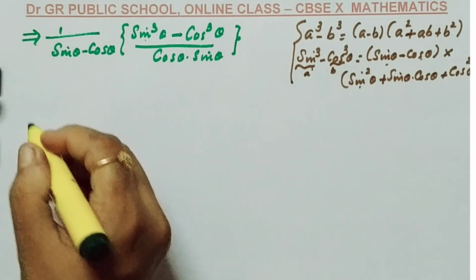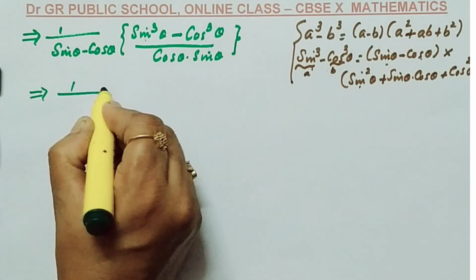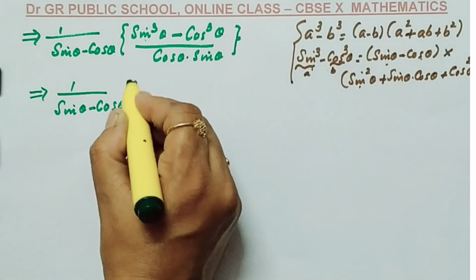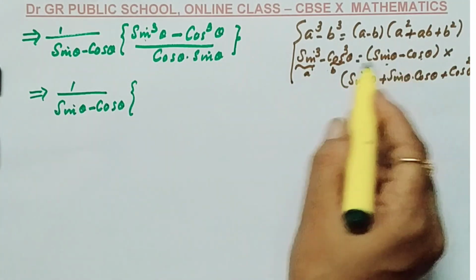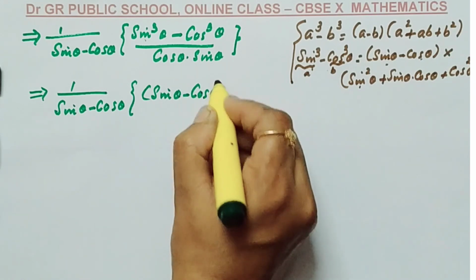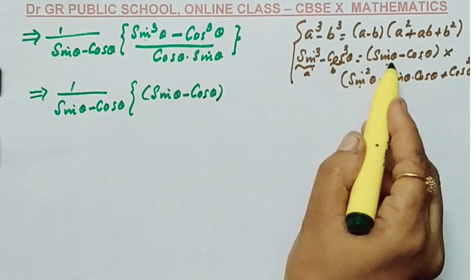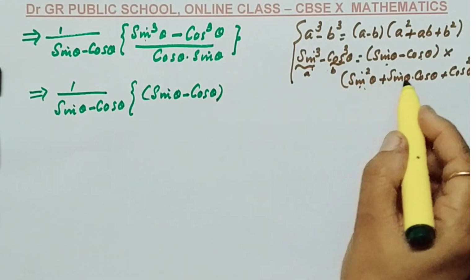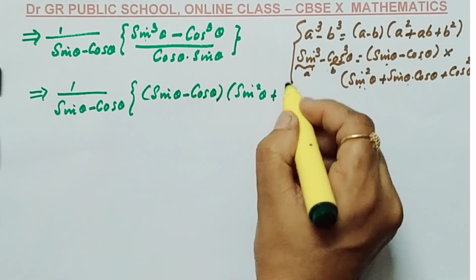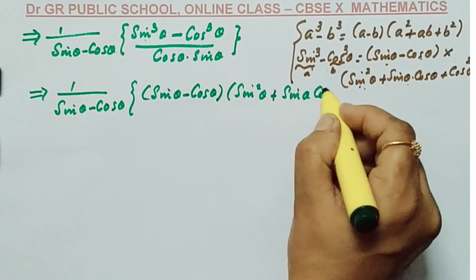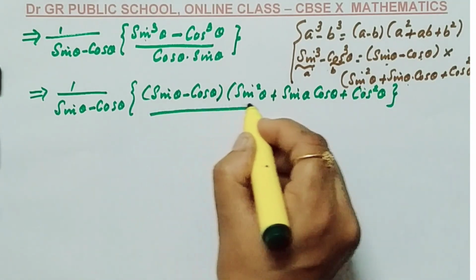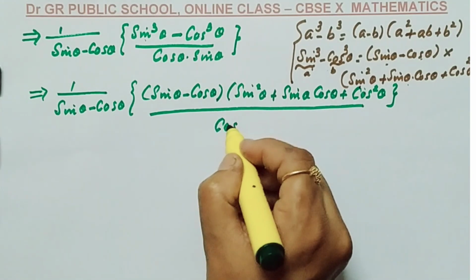Which implies 1 by sin theta minus cos theta in the denominator into, within the numerator, I am going to write the step: sin theta minus cos theta in one bracket into application of identity a cube minus b cube, a minus b in one bracket into a square plus ab plus b square, that is the second bracket, sin square theta plus sin theta cos theta plus cos square theta, the whole divided by cos theta sin theta.